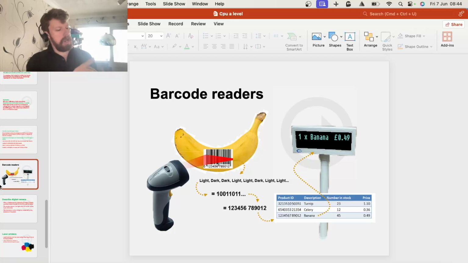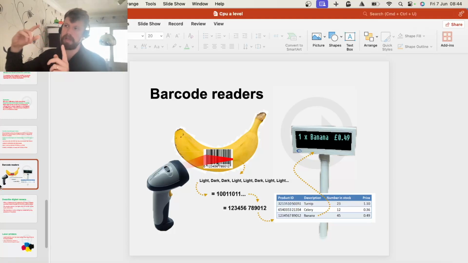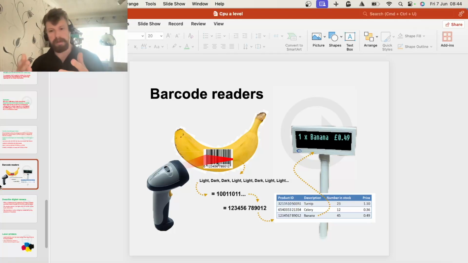The light shines on the barcode, and that measures the thickness of it, and turns it into a number equivalent to, for example in this case, a banana, plus another little extra bit that you have to put in there. That is then linked to a database which will subtract 1 and say that you have 1 less quantity in stock.